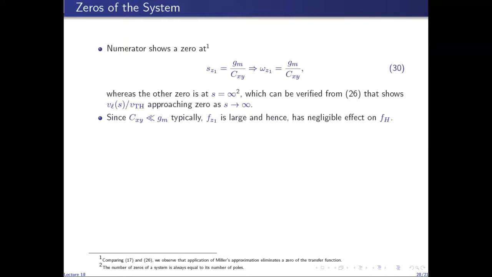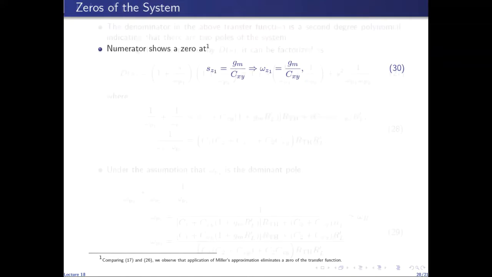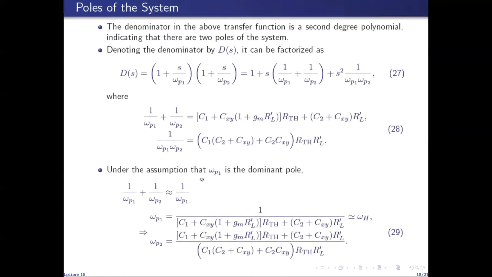So there is a plausible reason to assume that one of the two poles is a dominant pole.